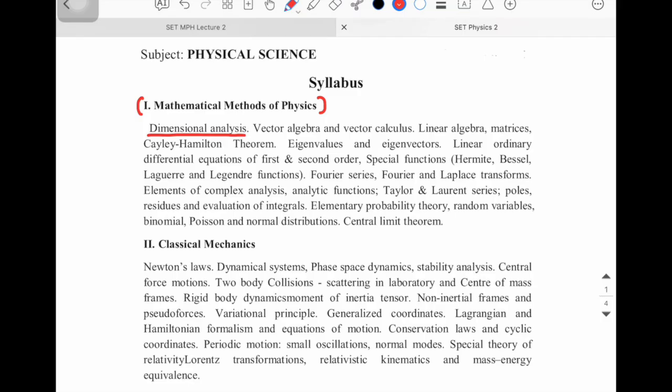If you go through previous SET papers, as I told you in the last class, the SET syllabus is identical across the states, and except in Kerala, in all other states the exam pattern is also the same.